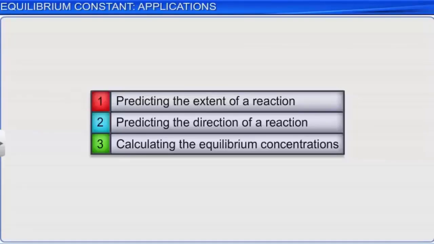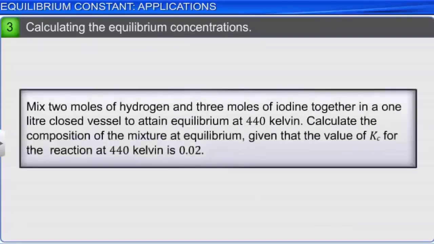Let us now look at how the equilibrium constant helps in calculating equilibrium concentrations. For this, let's consider a problem. Mix 2 moles of hydrogen and 3 moles of iodine together in a 1-liter closed vessel. It attains equilibrium at 440 Kelvin.